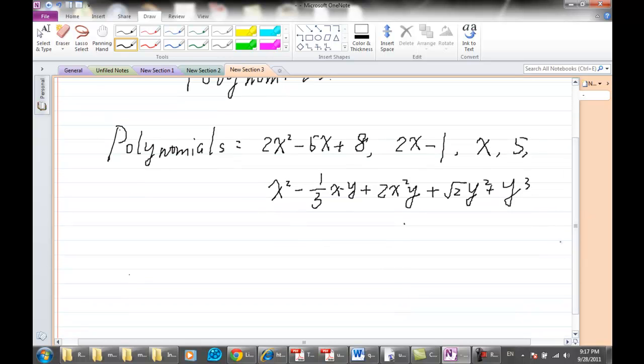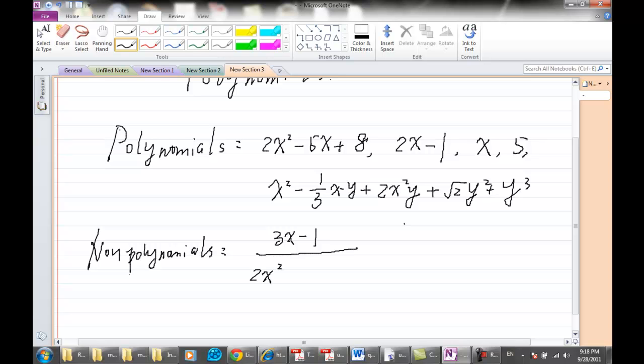And in contrast, we also have some examples of non-polynomials. They can be like 3x minus 1 over 2x squared plus 3x minus 5.